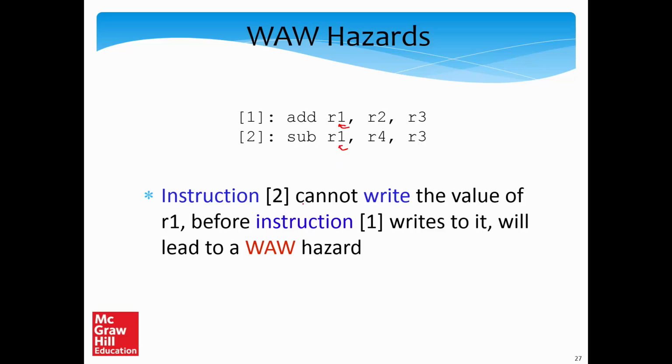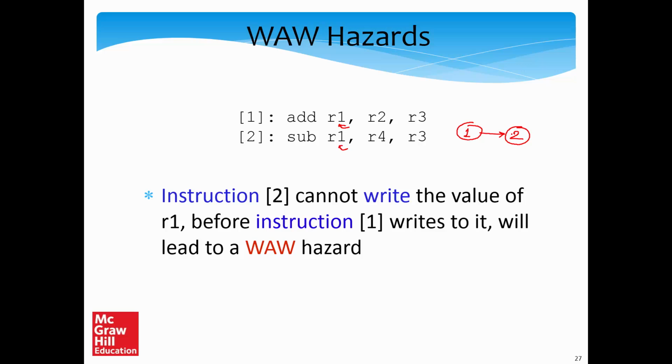Instruction number 2 cannot write the value of R1 before instruction 1 writes to it. Otherwise, the final value inside R1 will become wrong. So we want instruction 1 to write the value of R1 first, and then we want instruction 2 to write the value of R1. This is the flow of action that needs to happen.